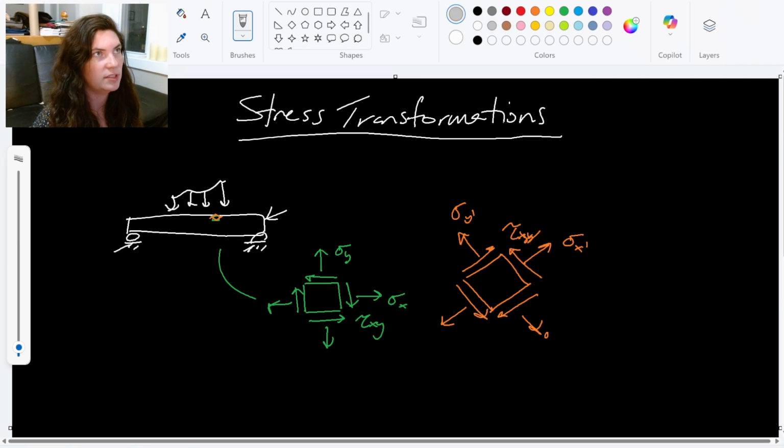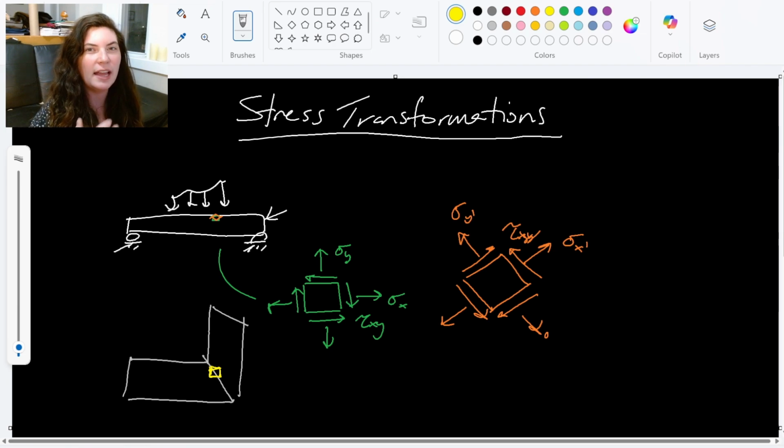Say I have some rod here that's welded to another rod. I have some corner, and at this corner I'm meeting at an angle. I wouldn't want to take a stress element here that is perfectly aligned with the X-Y axis system that I have, because I'm not really lining up with that weld.